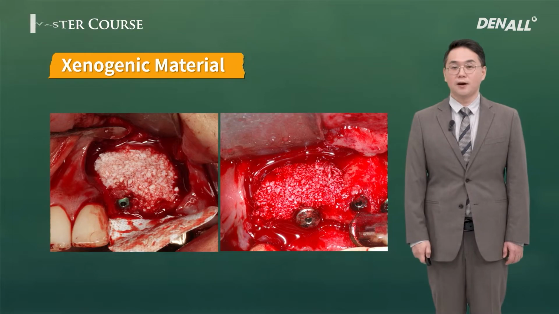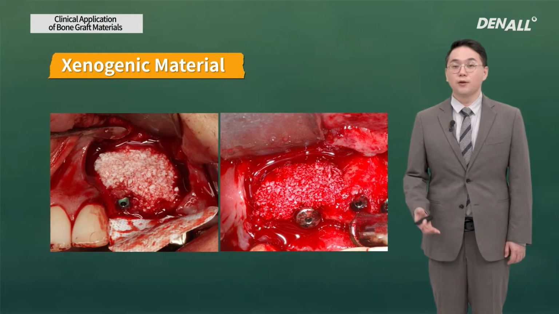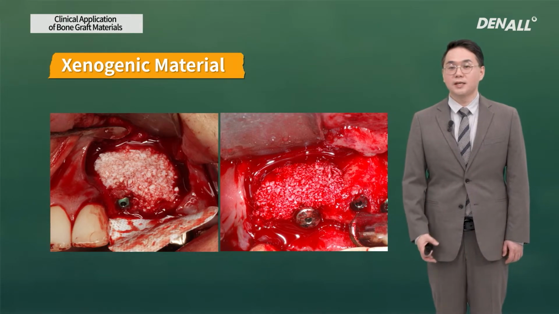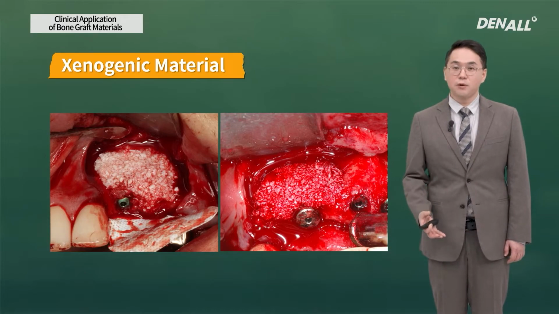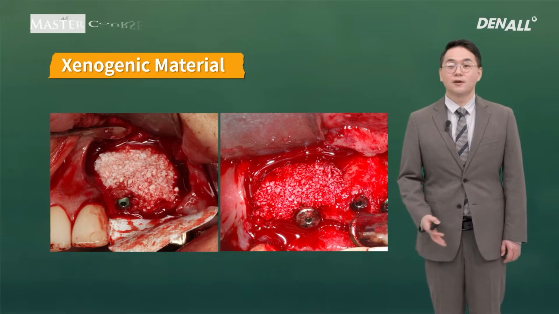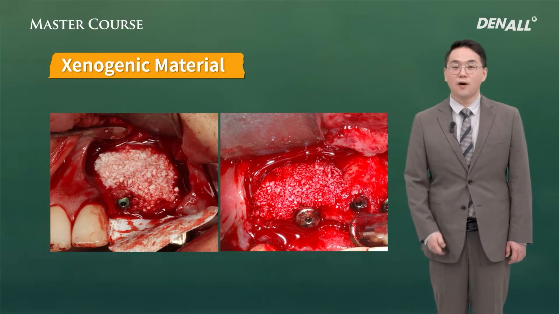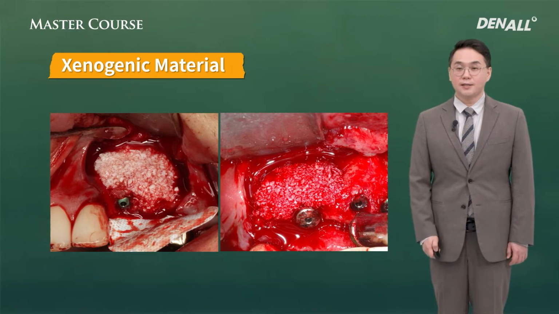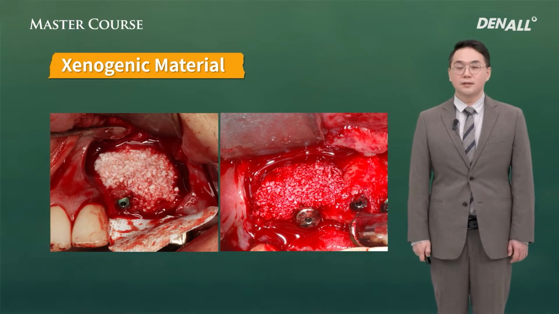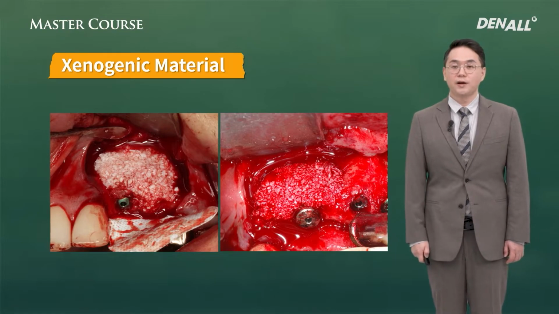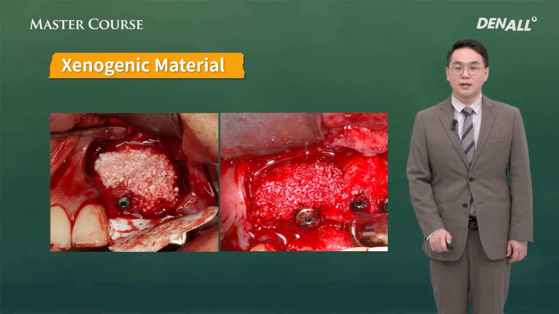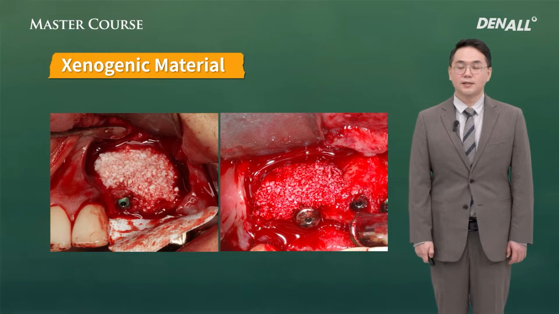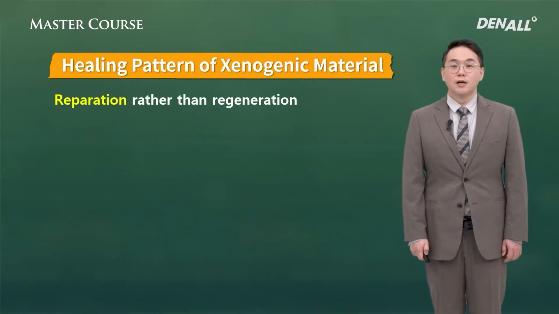That makes handling very easy. From the surgeon's perspective, in doing GBR, it is easy to handle the material with good pore structure. From the patient's perspective, bone regeneration is made favorable as retained blood increases. So we need to consider the pore structure when we choose xenograft. Choosing a low temperature treated material is better.